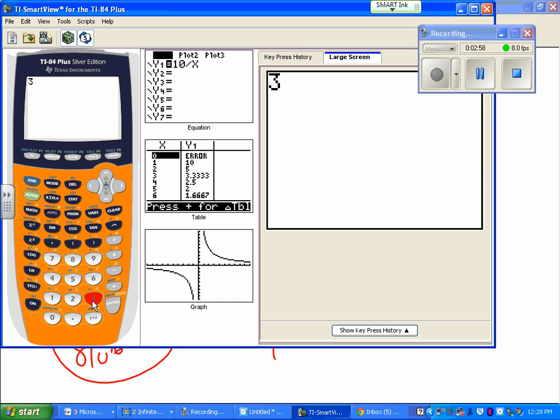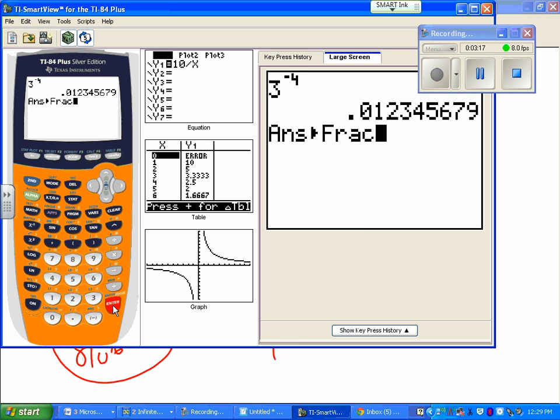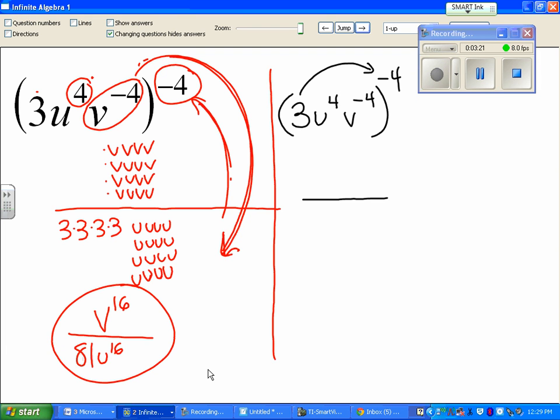If I were doing 3 raised to the fourth, my calculator would tell me what's 3 times 3 times 3 times 3, and I would get 81. But I'm not doing 3 to the fourth, I'm doing 3 raised to the negative fourth. If you can see, that's a little bit different. And you're going to get a decimal, and you change that decimal to a fraction, and you would get 1 over 81. Okay? So 3 to the negative fourth is 1 over 81.